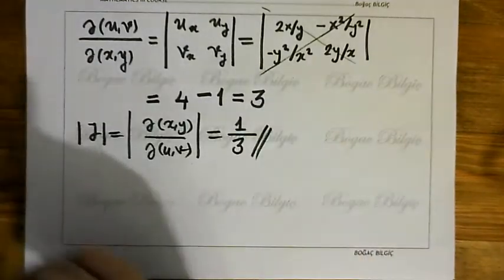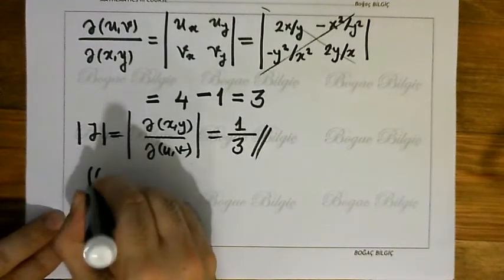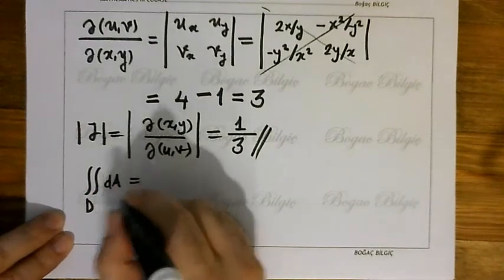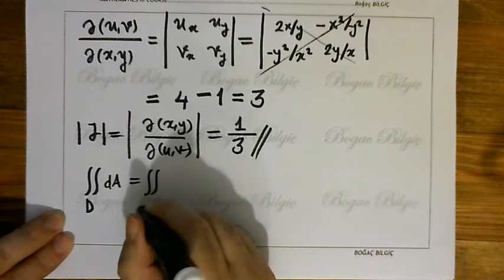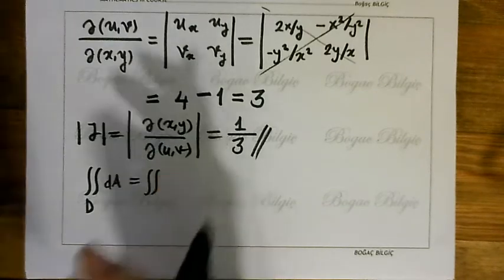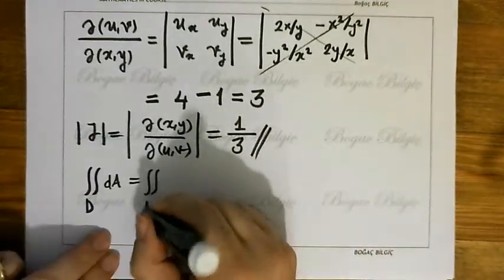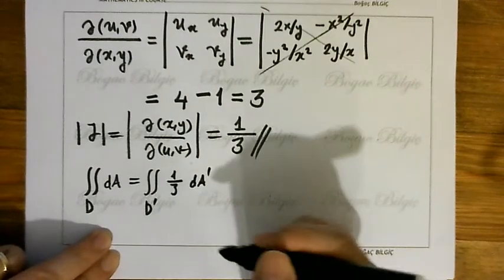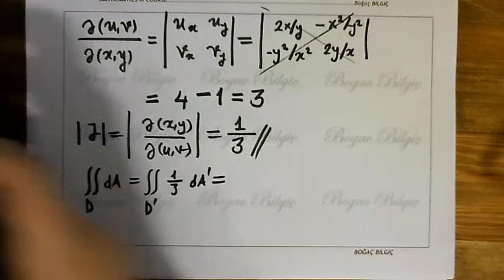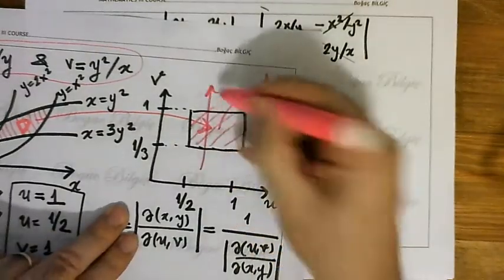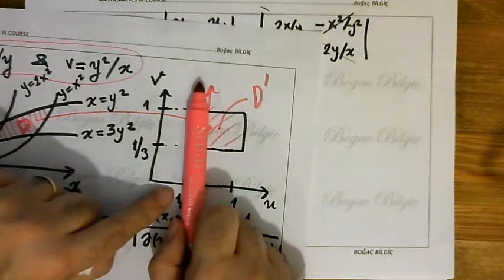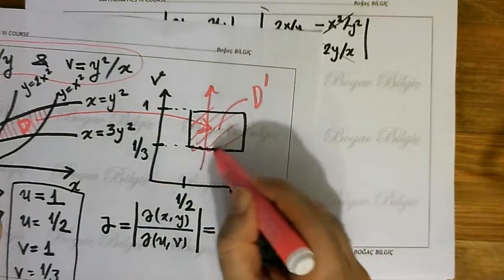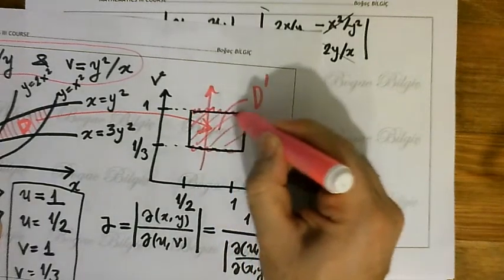So the double integral over D of dA is equal to the double integral over the new area, with the Jacobian 1 divided by 3 and dA. The new area is a simple area, with u from 1 divided by 2 to 1, lower boundary 1 divided by 3, upper boundary 1.